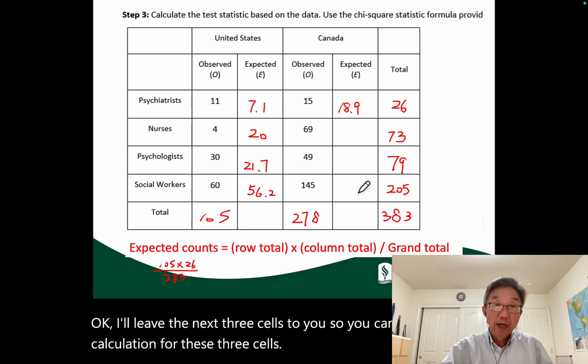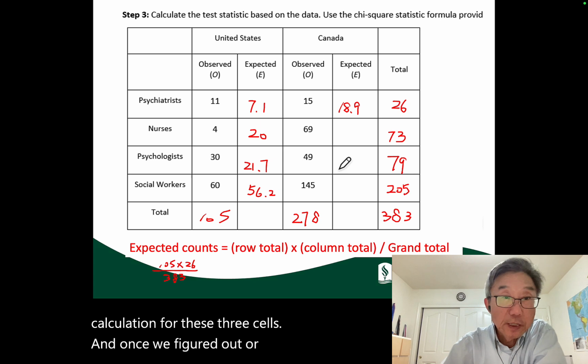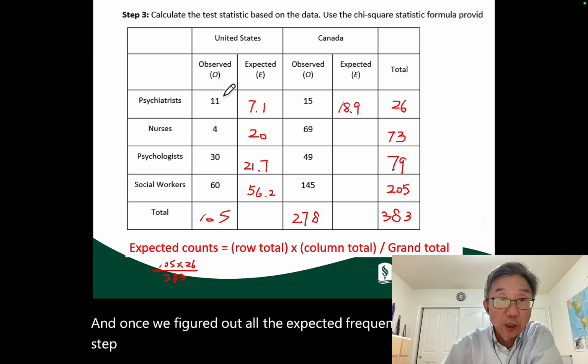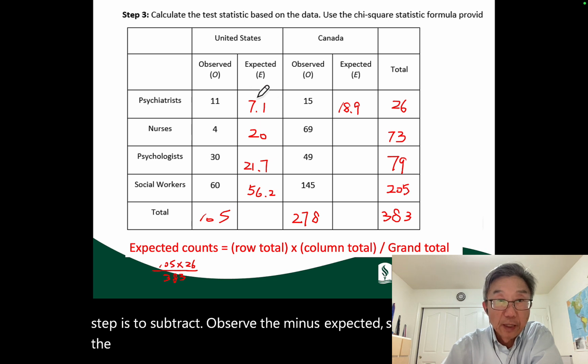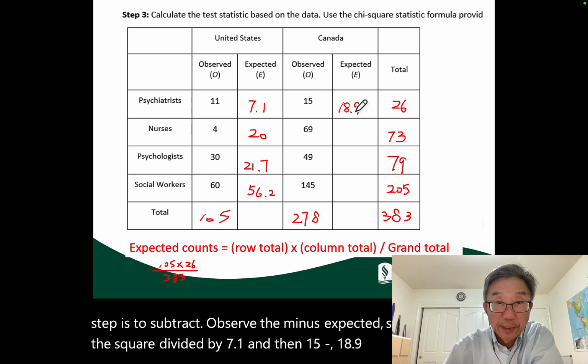Once we figure out all the expected frequencies, the next step is to subtract observed minus expected. So 11 minus 7.1, squared, divided by 7.1. And then 15 minus 18.9 squared divided by 18.9.